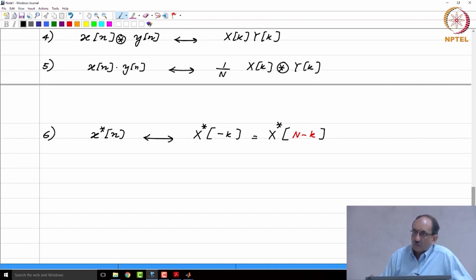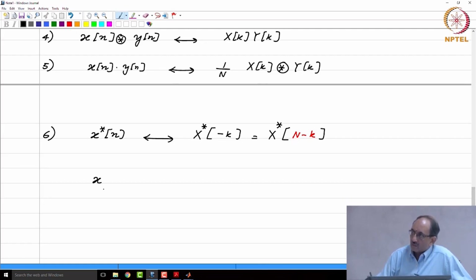And if you recall what I had done in the MATLAB code for fractional shift, this is exactly what I had done.